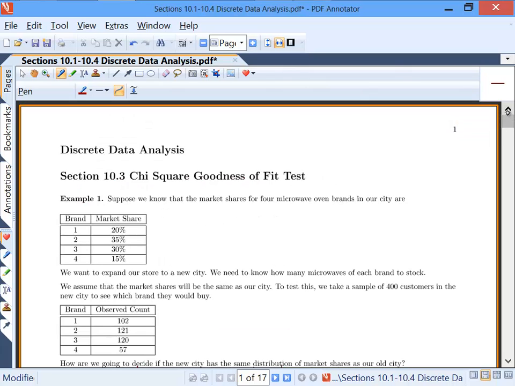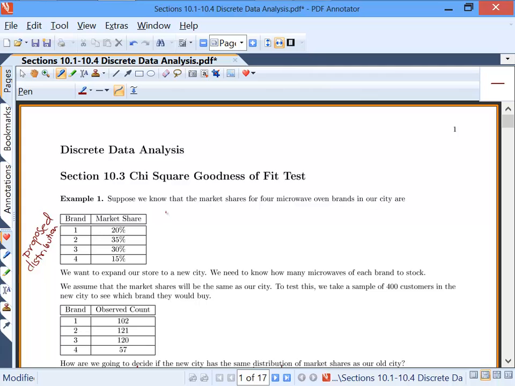Actually, let's go back up and introduce a little bit of notation. This right here is our proposed distribution. So for our new city, we propose that this might be the distribution that fits it.